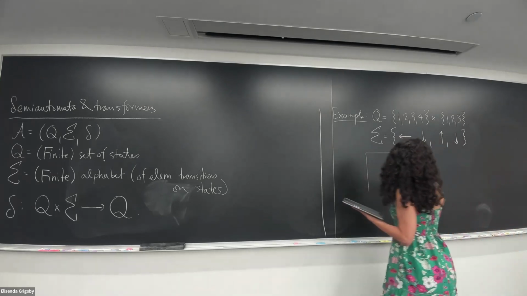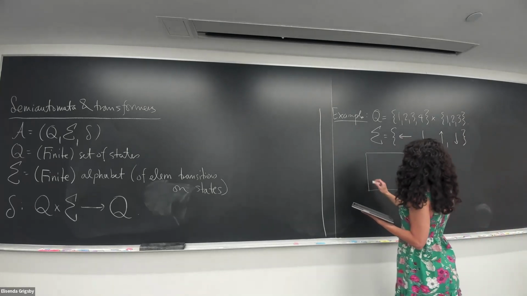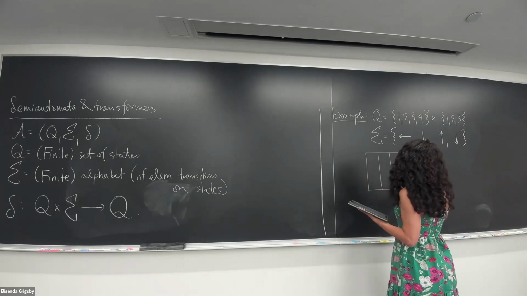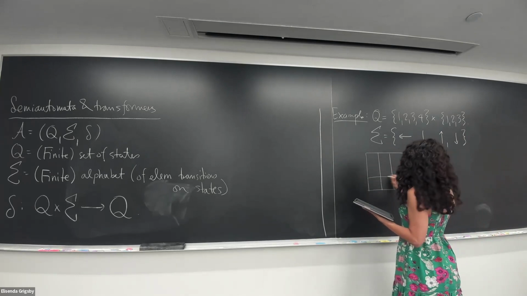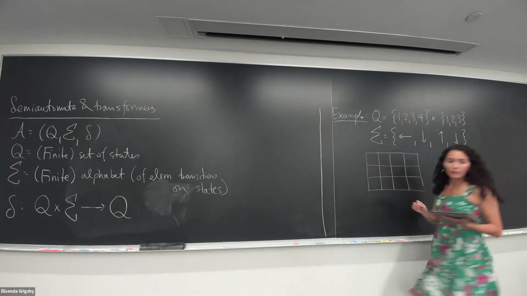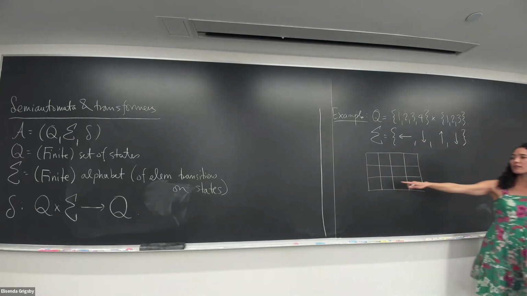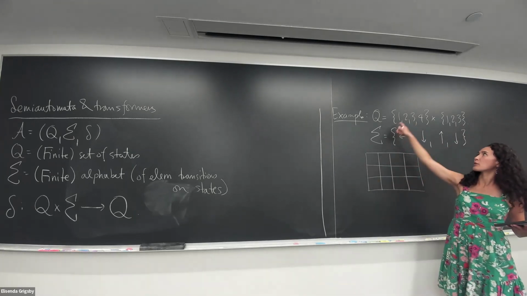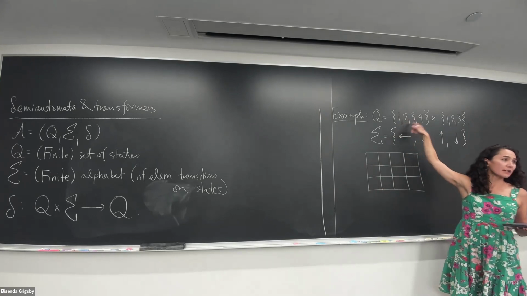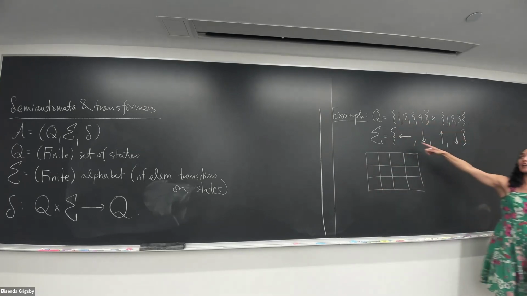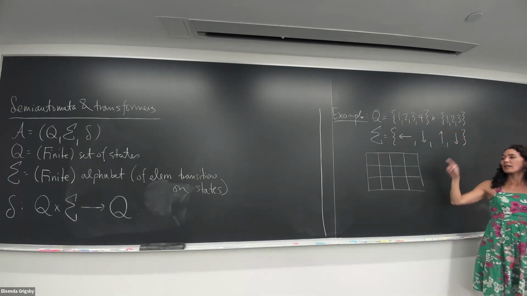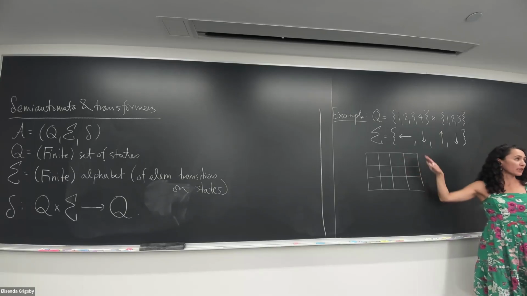So a nice geometric model of this automaton is the rectangles in this grid. And you can imagine if you start at a point labeled by this horizontal index and this vertical index, you act by one of these, you'll move within this grid.